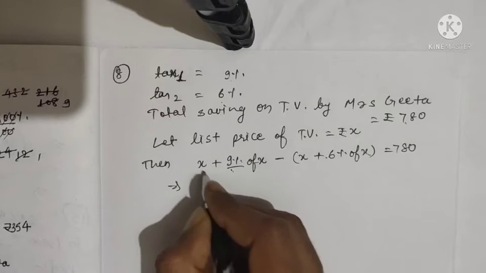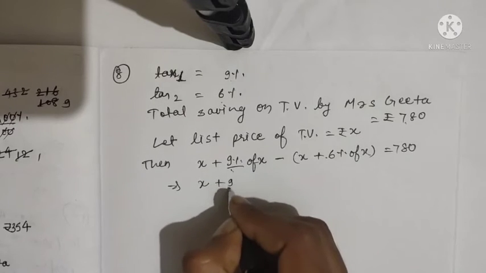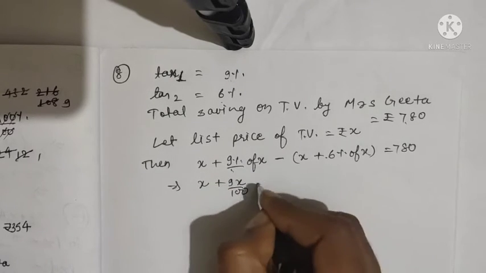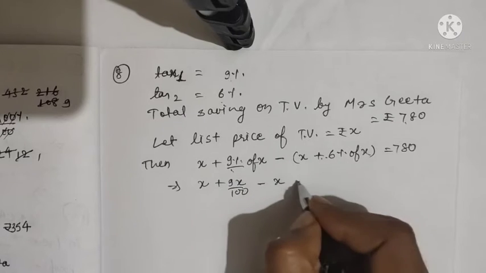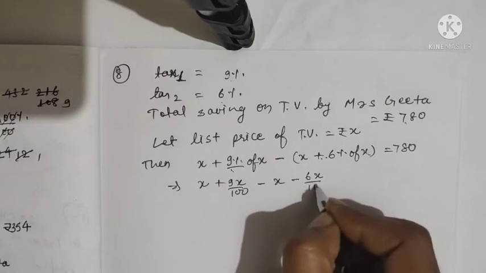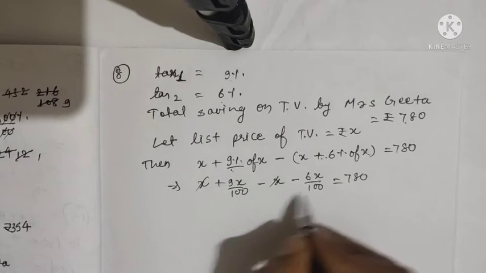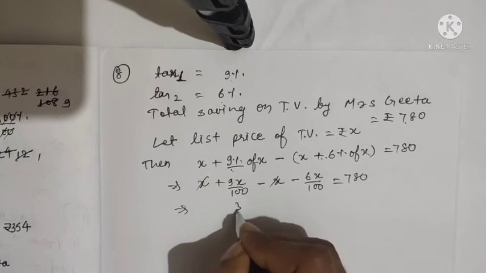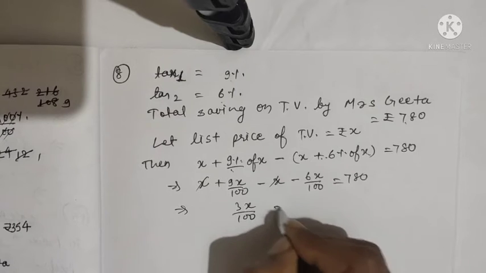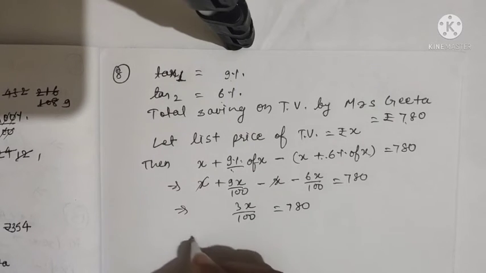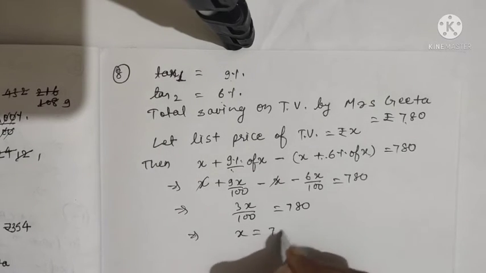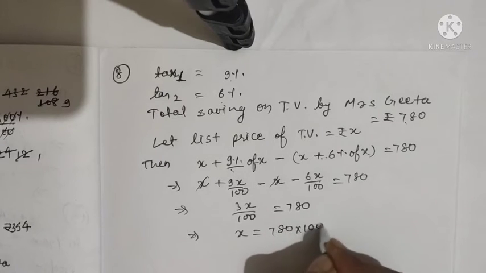That implies it will be X plus 9X by 100 minus X minus 6X by 100 is equal to 780. X cancels, and 9X by 100 minus 6X by 100 is equal to 3X by 100 is equal to 780. That implies clearly X is equal to 780 into 100 by 3.